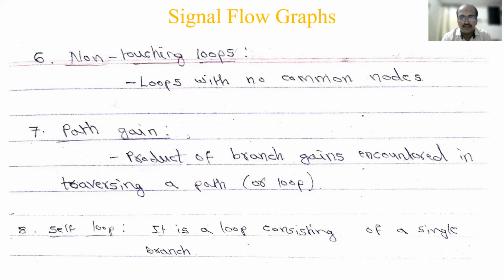So for example, if you have a path here with multiple nodes in between, the branch gain from this node to this node is G1. From this node to this node, its branch gain is G2. And from this node to this node, I will call this G3.